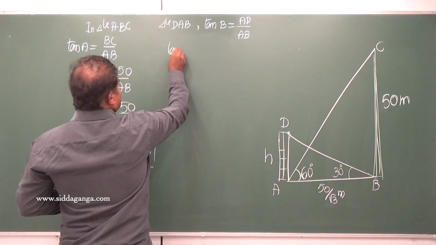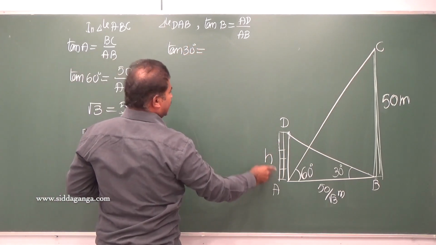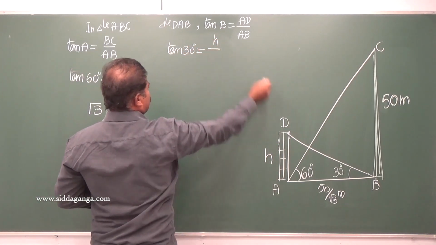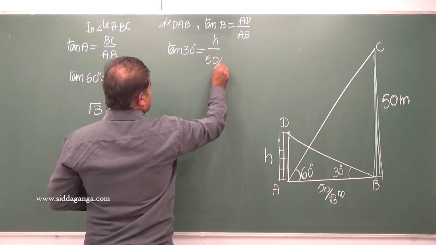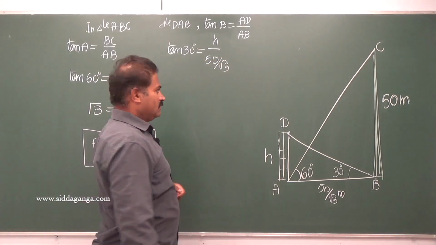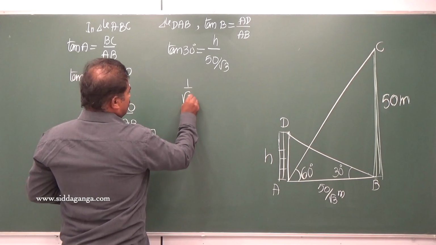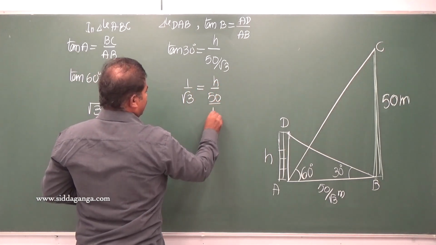So tan 30 degrees is equal to opposite, which is the height of the building, you are considering it as H, divided by AB, which is 50 by root 3. And tan 30, what is the value of tan 30? It is 1 by root 3. So this 1 by root 3 is equal to H by 50 by root 3.